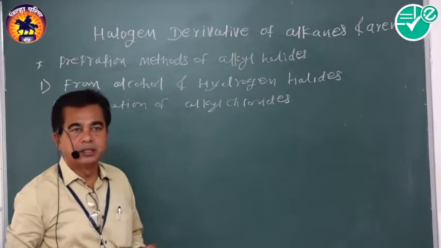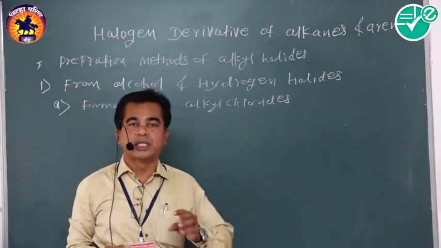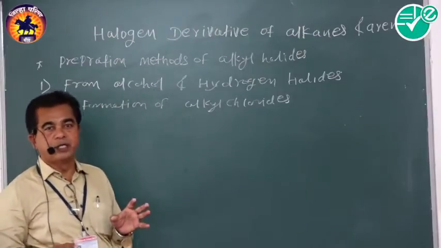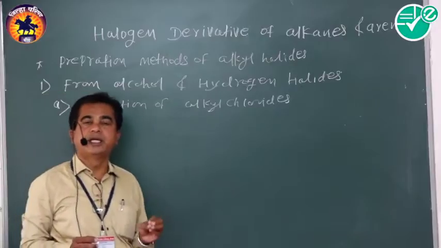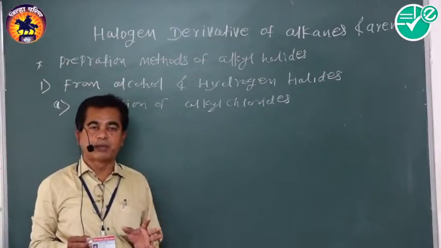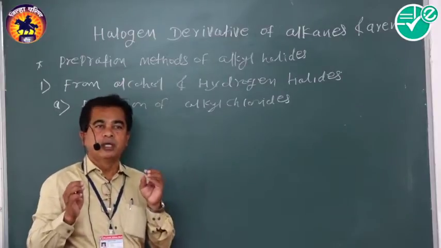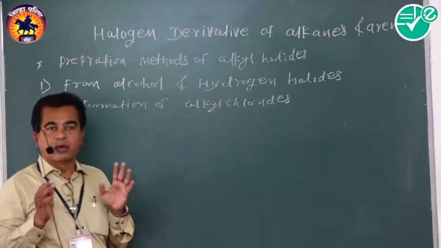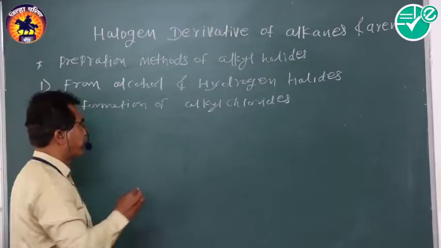In this method, when alcohol reacts with concentrated hydrochloric acid in the presence of ZnCl2, we use primary, secondary and tertiary alcohols to get primary, secondary and tertiary alkyl halides. The reagent used, concentrated HCl plus ZnCl2, is known as the Lucas reagent.